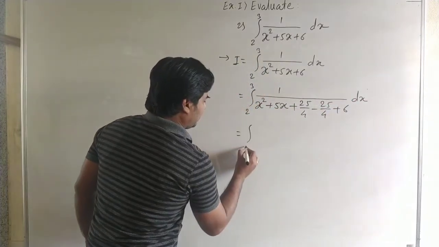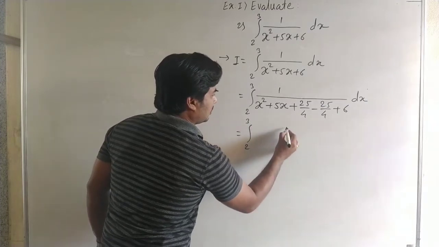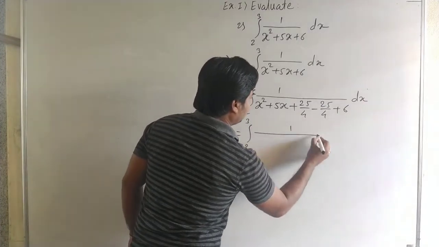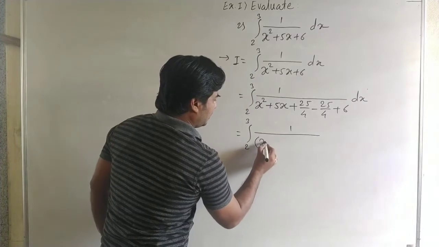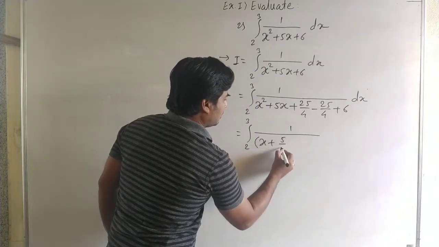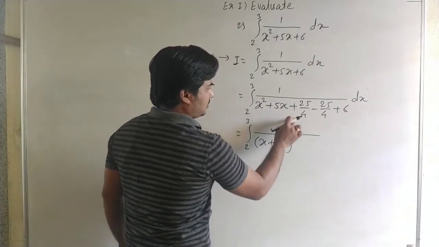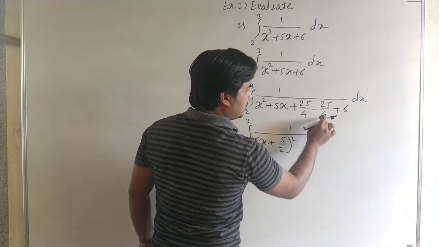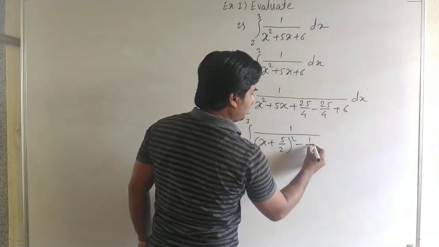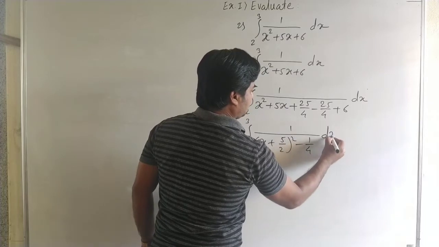Then integral 2 to 3 of 1 upon (x plus 5 by 2) whole square, and here it is minus 25 plus 24, that is minus 1 by 4, dx.